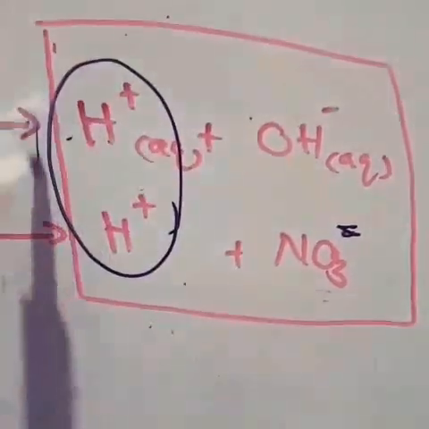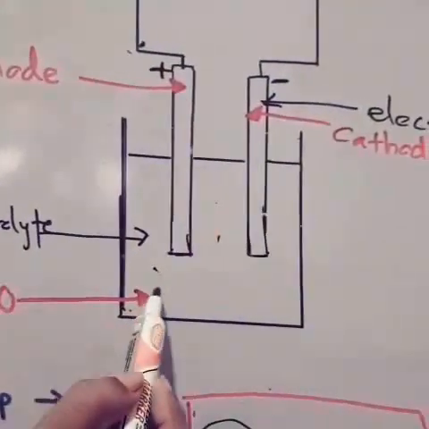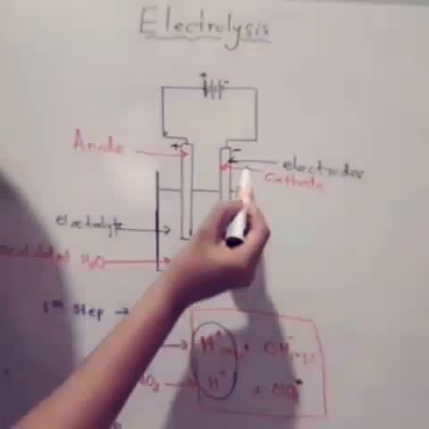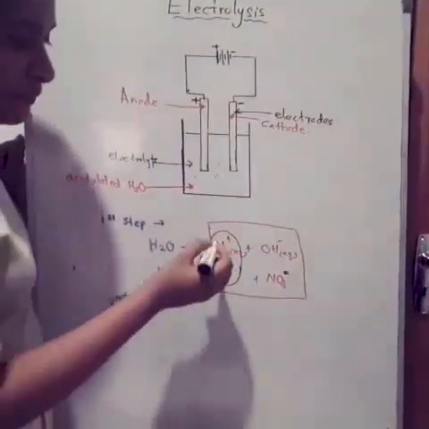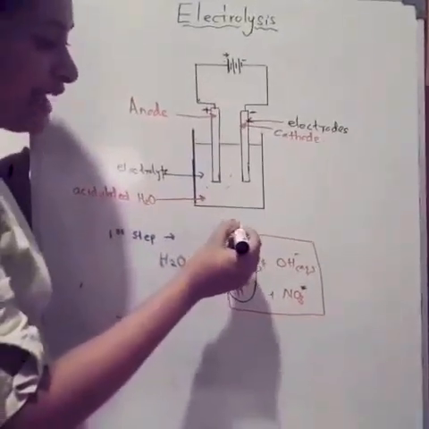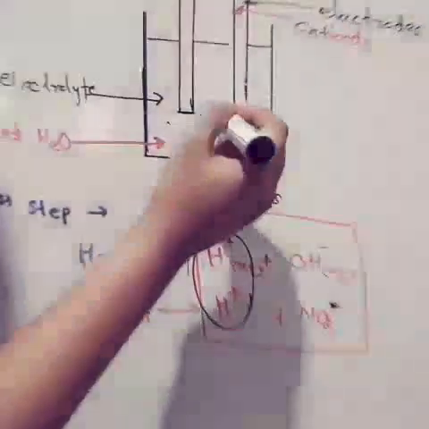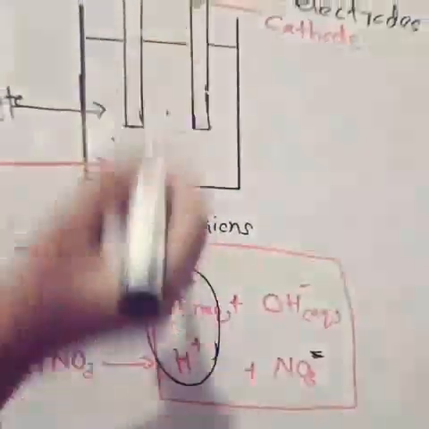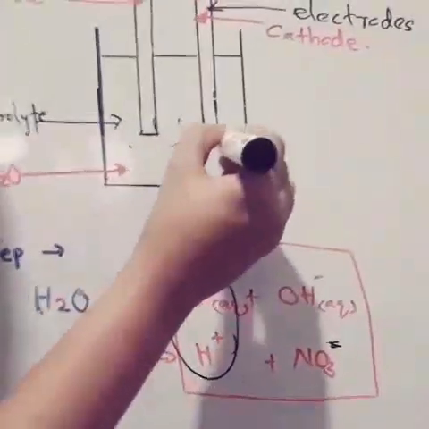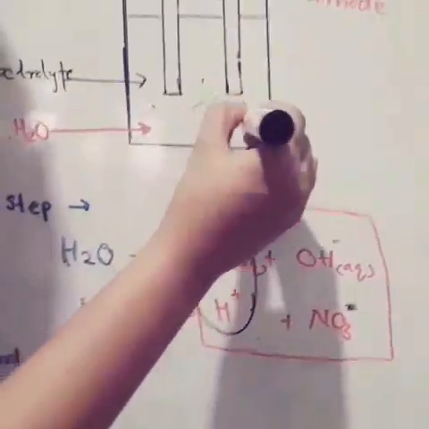All the positive ions in this solution are attracted to the cathode. These positive ions are called cations. Cations are attracted to the cathode. What cations are present here? H plus.